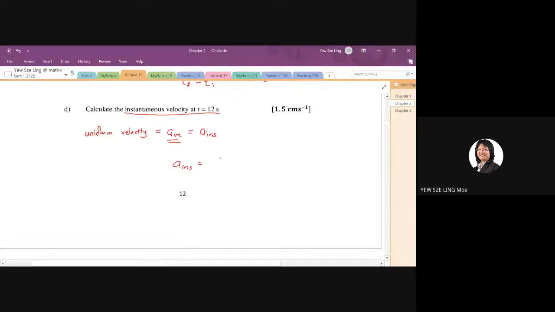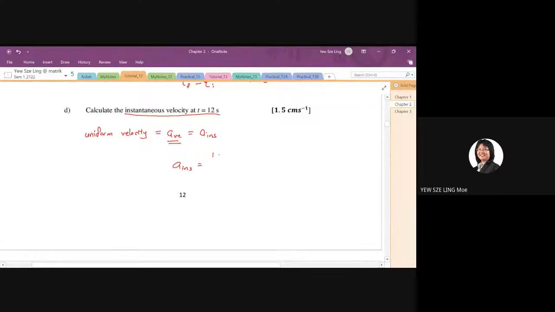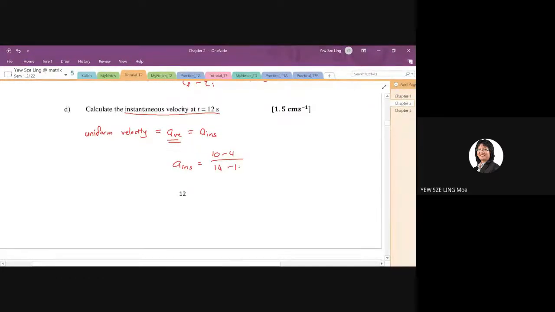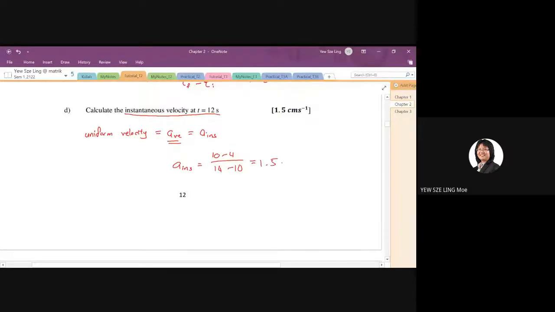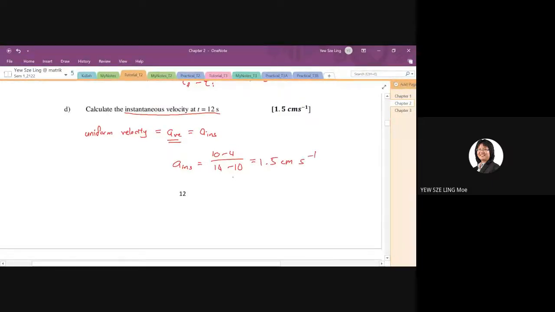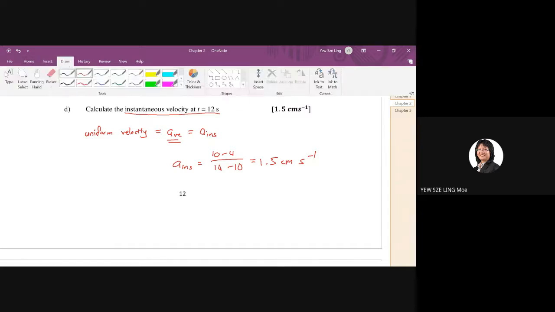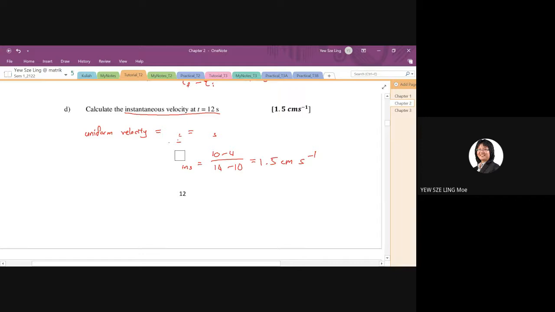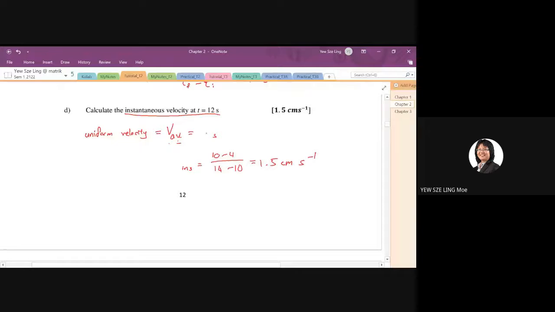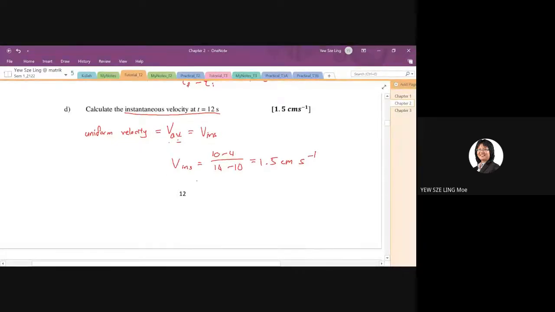So V instantaneous is equal to 10 minus 4 over 14 minus 10, which equals 1.5 cm s^-1. So this is how you calculate the instantaneous velocity. So V average, V instantaneous. All right, that is how you calculate it.